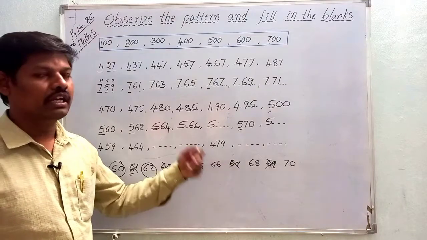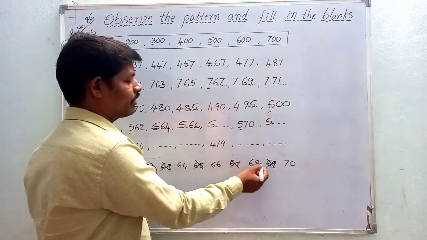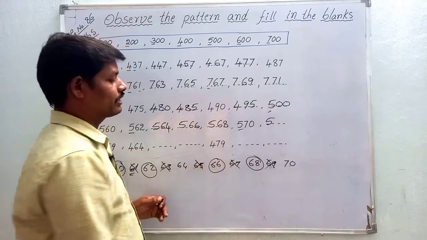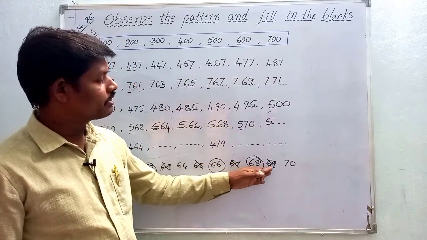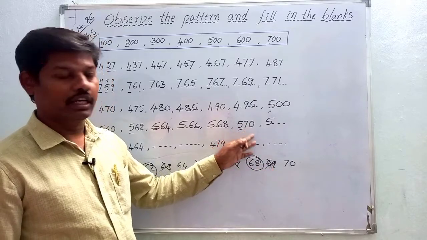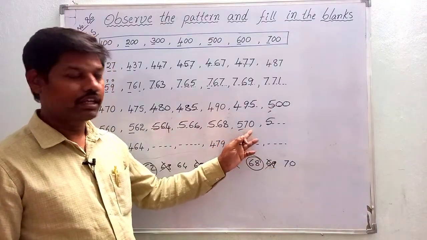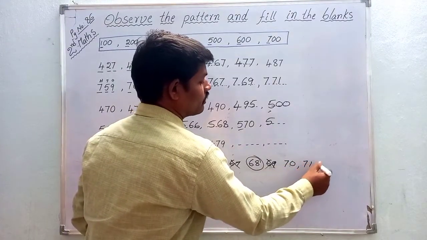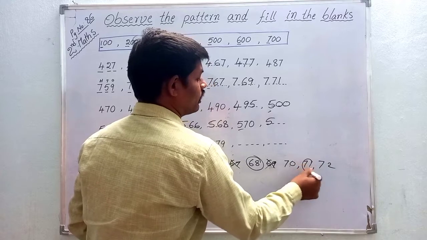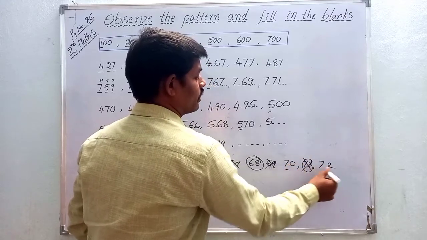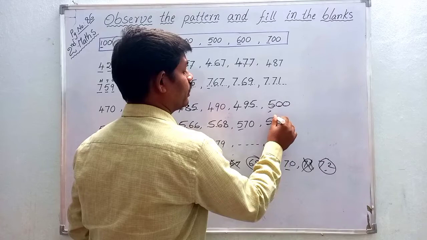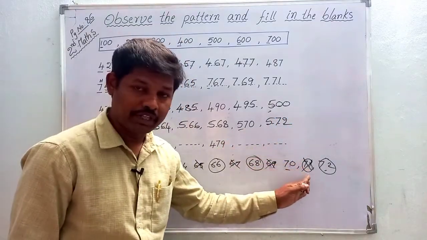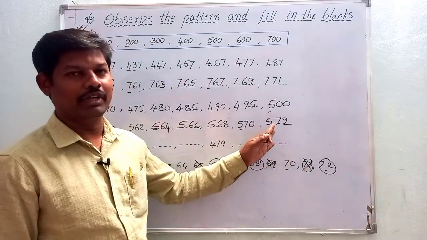Next 67 leave. What is the number you have to take? 68. Right, here 68. Next number 69 leave. 70 is already given. After 70, leave 71 and write 72.